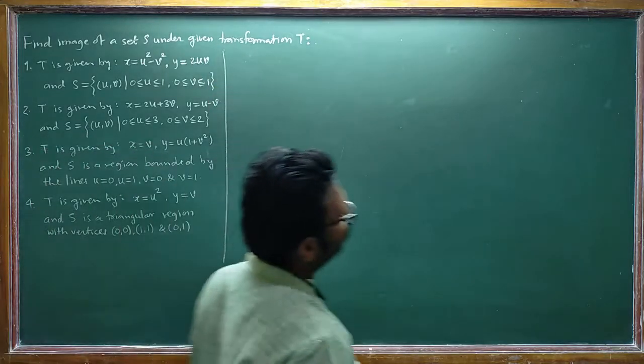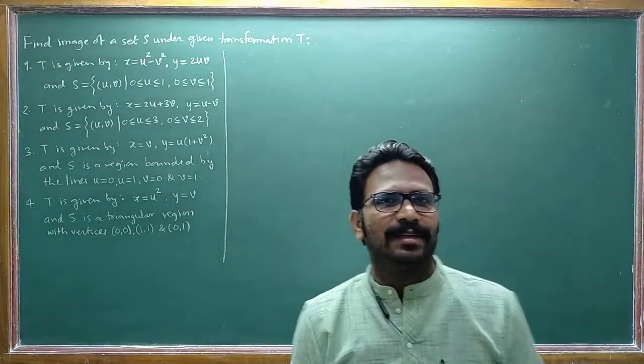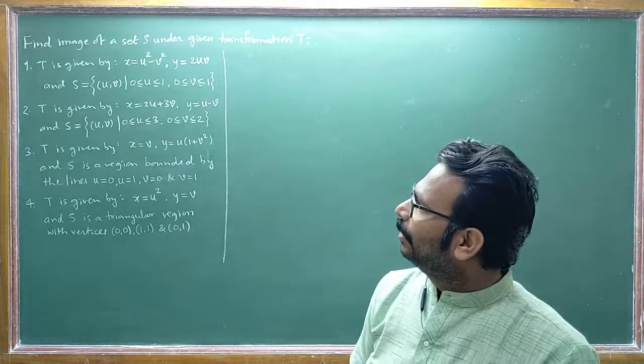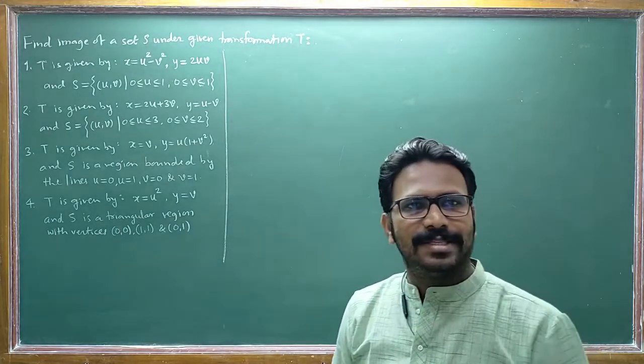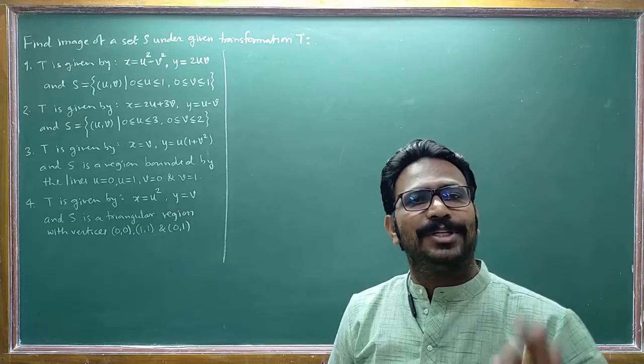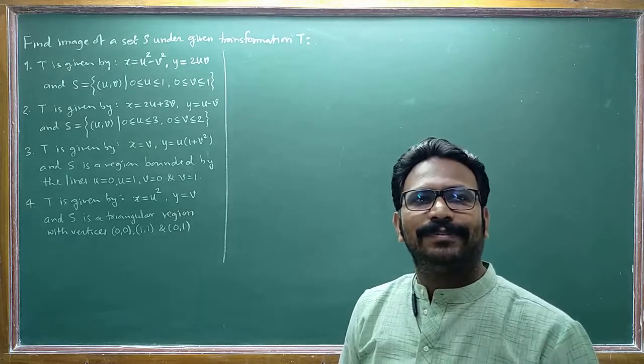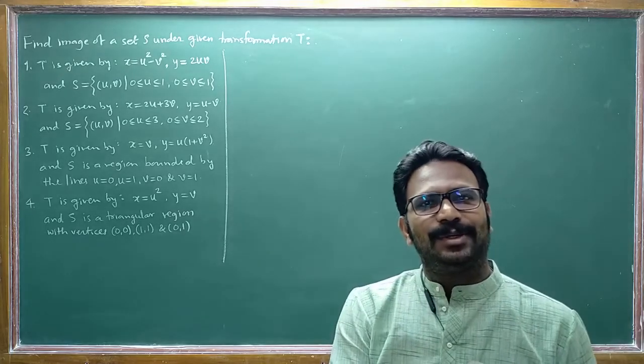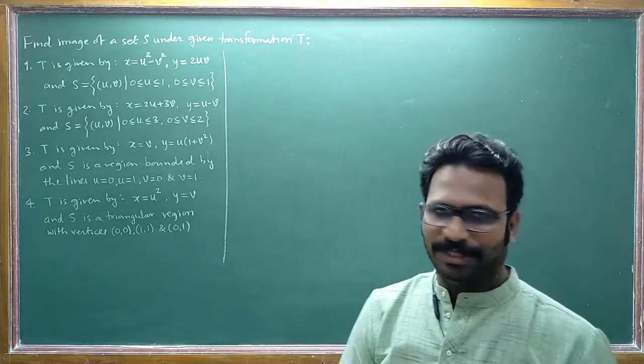To transform this region, the transformation T is given in each example. Every transformation maps the boundary of the input region to the boundary of the image region.